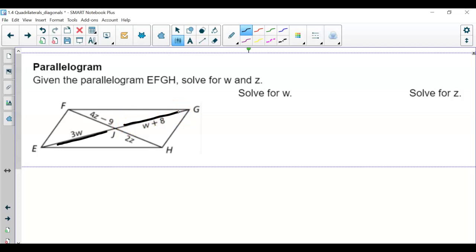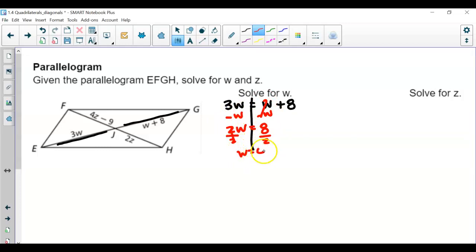That means if it's bisected, they are congruent or equal to each other. So to solve for W, we just set them equal: 3W is equal to W plus 8. Gathering my variable, 2W is equal to 8, divide by 2, and W is equal to 4.